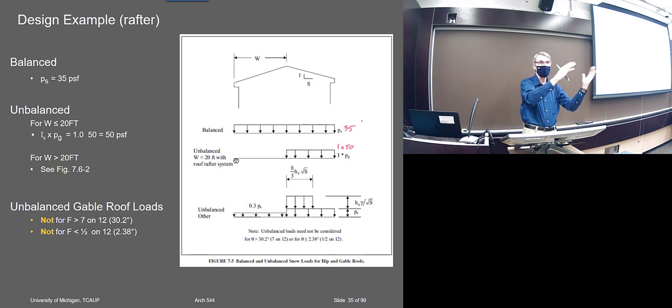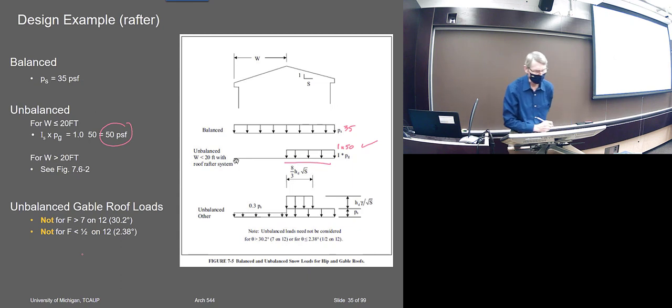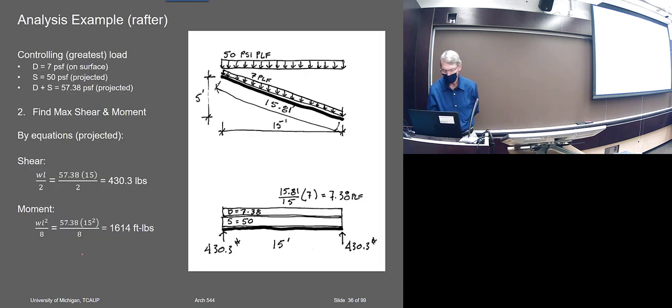Because you don't know which way the wind's going to blow. You're going to make both rafters the same. So I'd have to take this one here. This would be the more severe case. That would be 50 PSF for the unbalanced case. Okay, so then that gives me my 50 PSF.